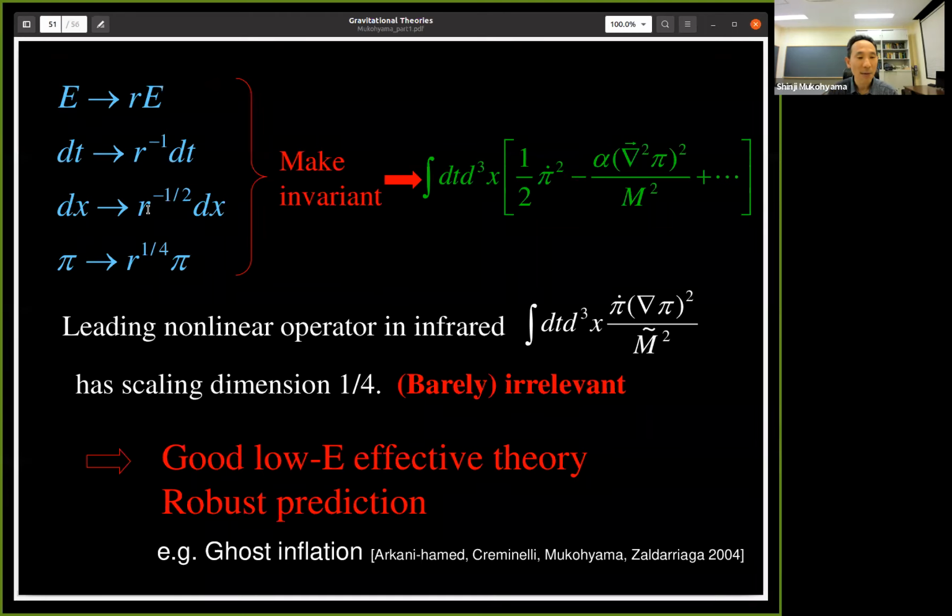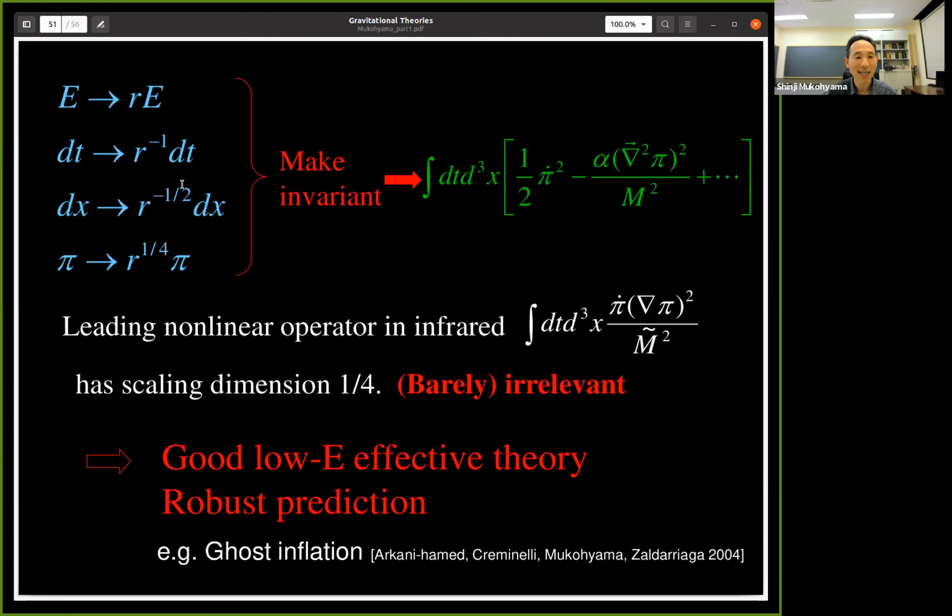Then by plugging these 2 scalings into this action, including the integration with respect to time and spatial coordinates, we see that pi should scale like this in order to make this action invariant by scaling. From dt we get -1. From the volume we get a factor of 3, and the 2 time derivatives give us a -2 factor.